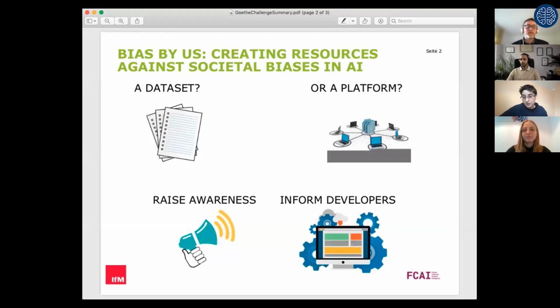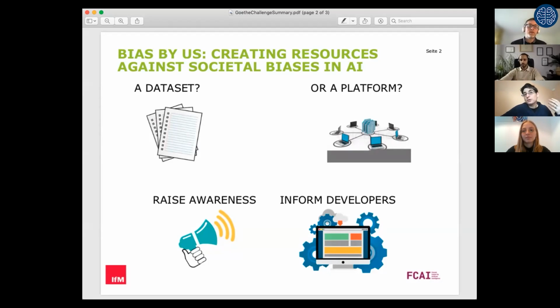So first of all, the challenge addressed by Denise's team with the solution Bias by Us was the challenge creating resources against societal biases in AI. This was proposed by the IFM in Germany and the Finnish Center for Artificial Intelligence. And the idea was really around, as Simon said, we need people to be aware of these problems. We need them to care.